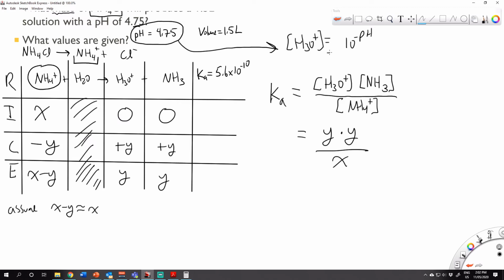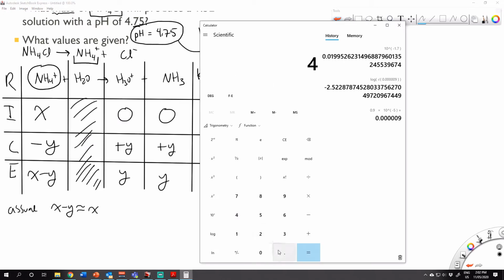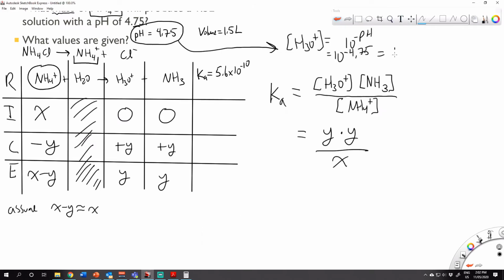Which in our case is 10 to the negative 4.75, so 1.78 times 10 to the negative 5. So that's this number here. So this number is 1.78 times 10 to the negative 5. It's a ridiculously small number, so our assumption is probably a-okay.